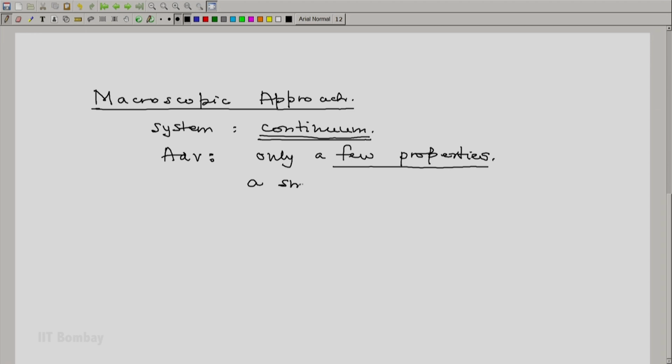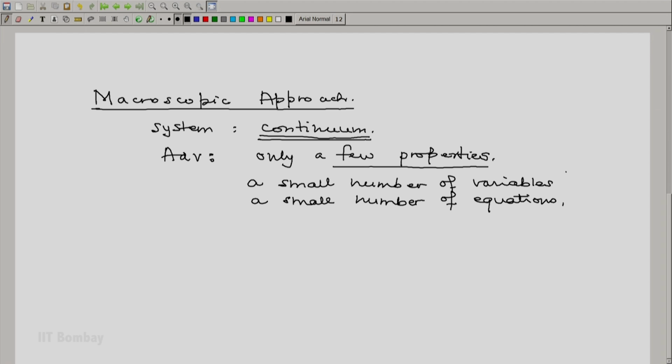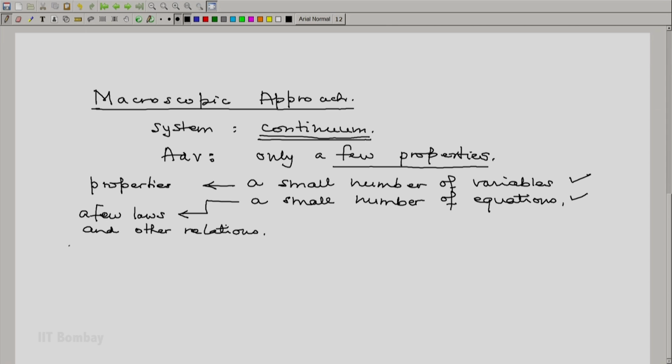And because of a few properties, we have a small number of variables, and hence a small number of equations, both of which are advantageous for proceeding with the solution of a problem. So a small number of variables means a small number of properties, and a small number of equations means a few laws and other relations that we have to work with.